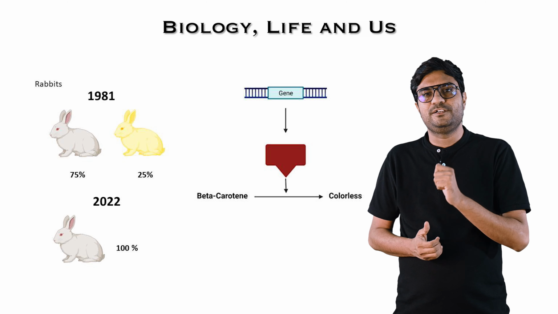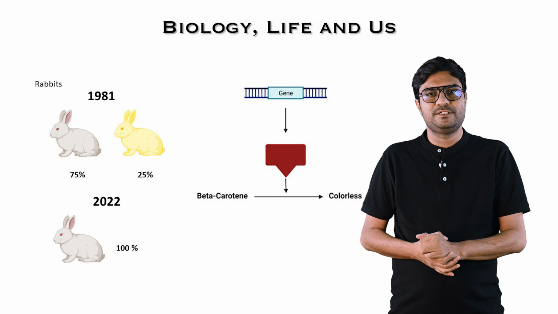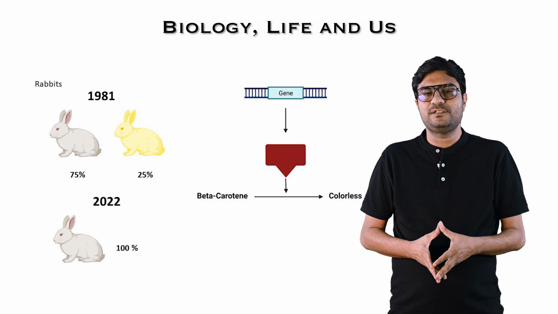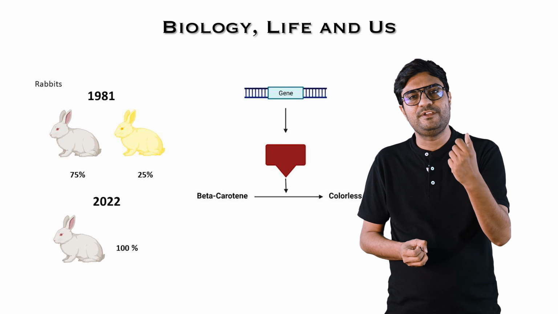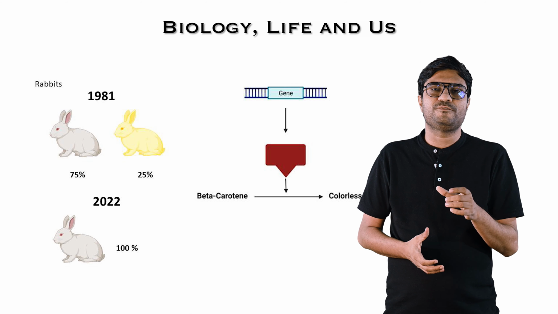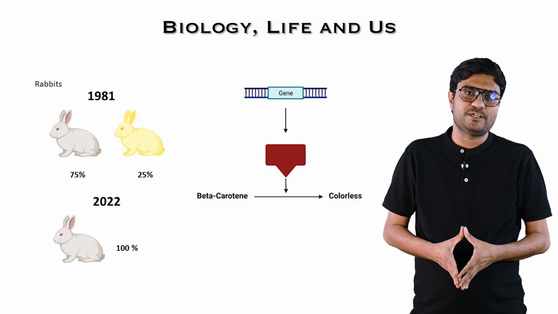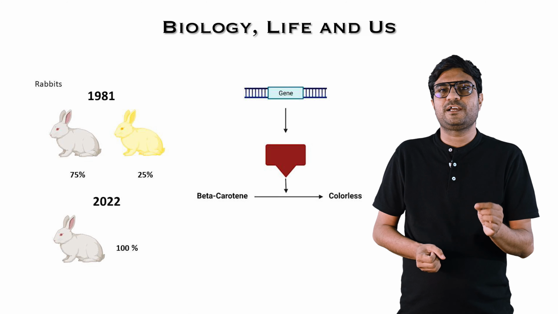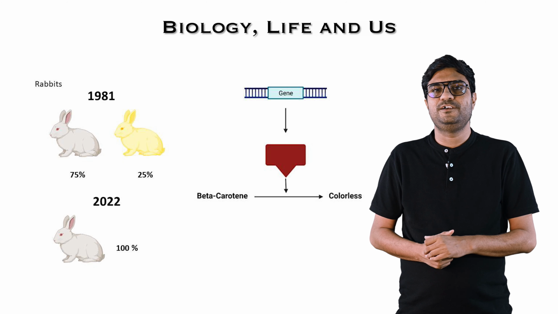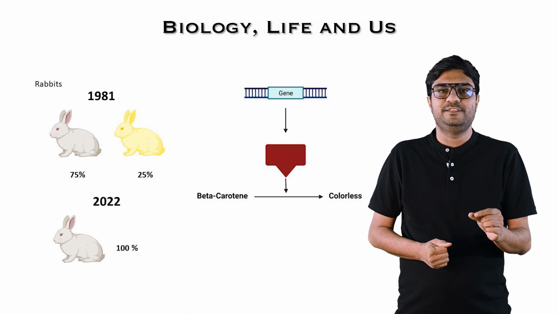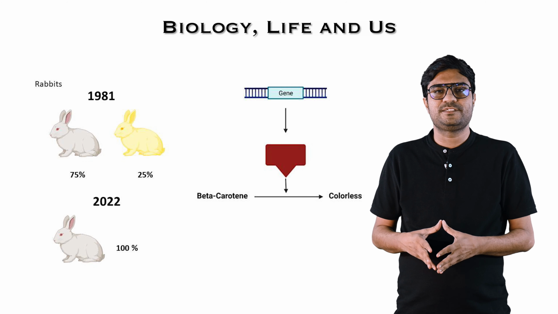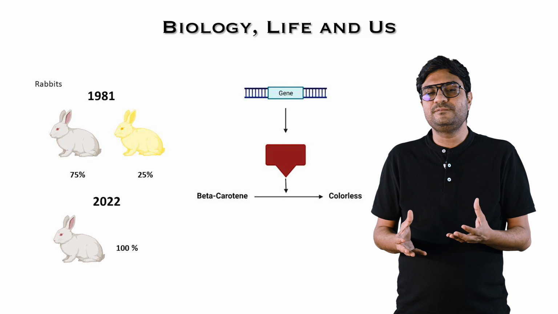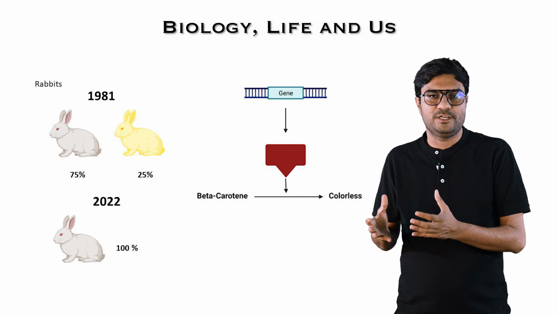But in the remaining 25% of the rabbits, the gene was non-functional, it was not active, it was not giving a functional enzyme. Because of that, in these 25% of the rabbits, the beta carotene was not converted into a colorless compound, and that beta carotene was getting deposited in the skin of the rabbit, and rabbits were yellow in coat color.